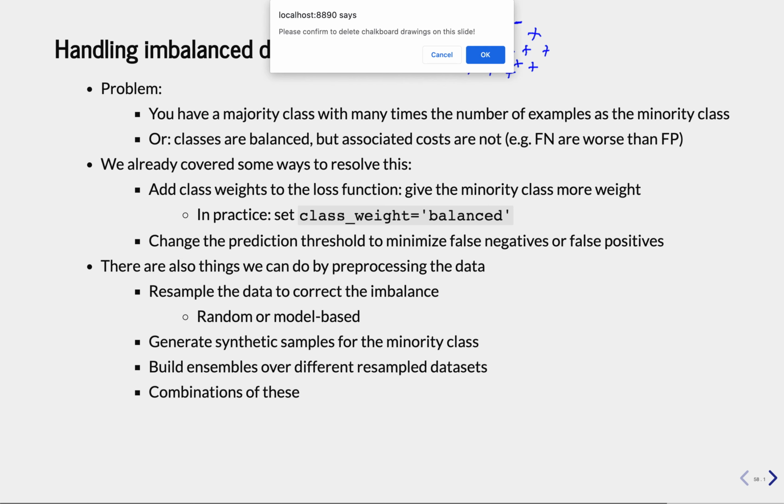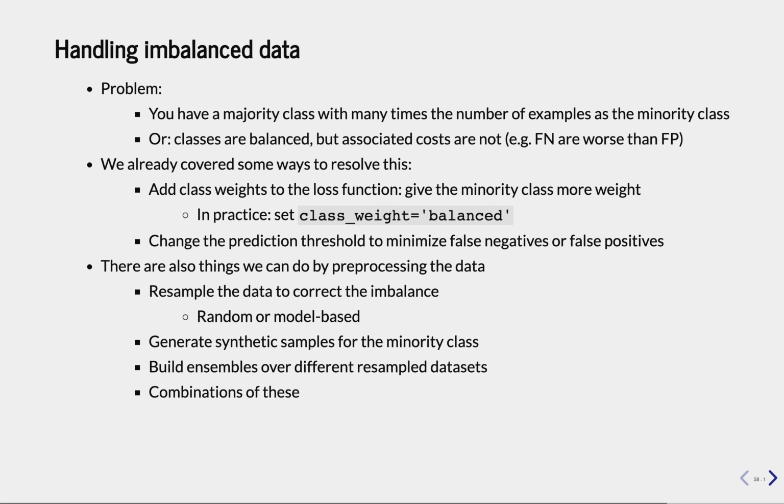And we've already seen two ways of solving this. The first one is class weighting. Here we change the loss function so that the minority class has a larger weight. Typically most loss functions are a sum over some other loss, like the difference between the predicted and the actual target.